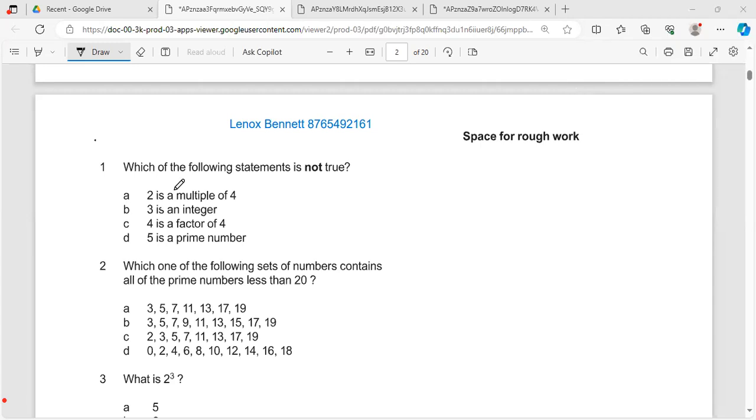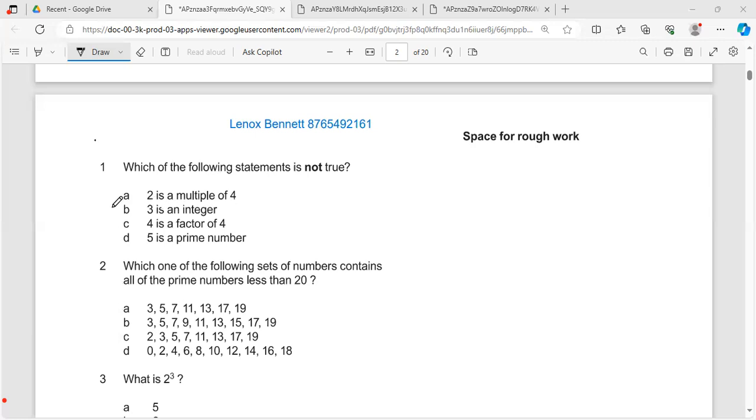All right. So question 1 says, which of the following statement is not true? Notice what it says, guys. Not true. Which is the answer? A. 2 is a multiple of 4. It says not true. It is true.